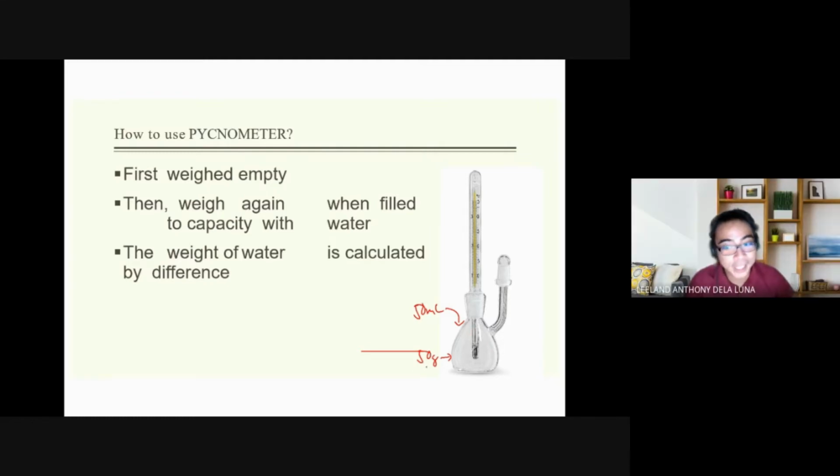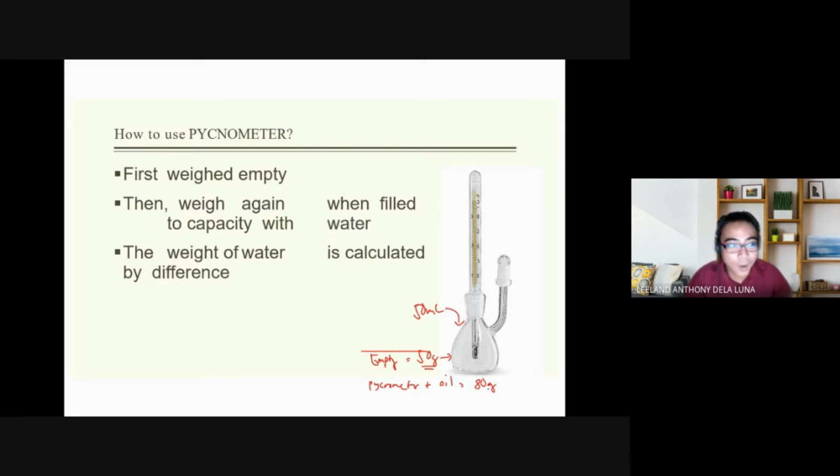So, for example, originally, an empty pycnometer, if it's empty, is 50 grams. Now the pycnometer plus oil, I want to know the specific gravity of my oil. Its weight now, class, is, let's say, 80 grams. 80 grams.